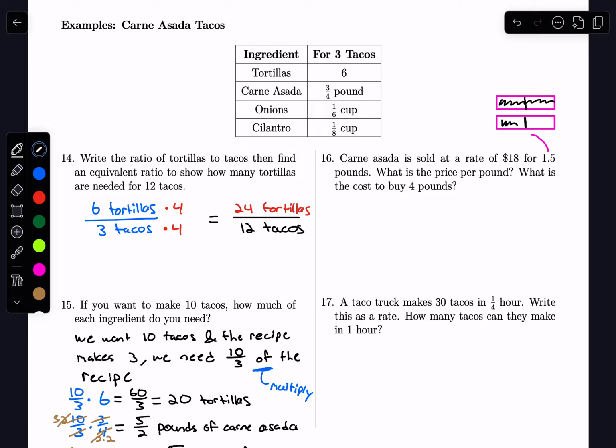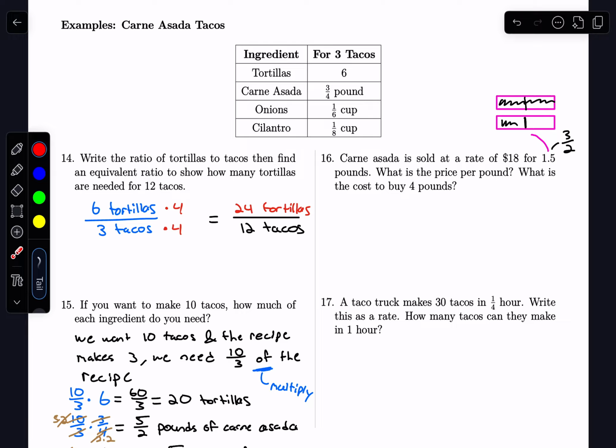So 1.5 is actually 3/2, where the number 3 is how many pieces we have, 1, 2, 3, and the number 2, remember the denominator, represents how many parts one whole is split into. So one whole is split into 2 pieces, not 4 pieces. So we have 3 out of 2 pieces. 3 pieces total, and each whole is 2 pieces, so 3/2.